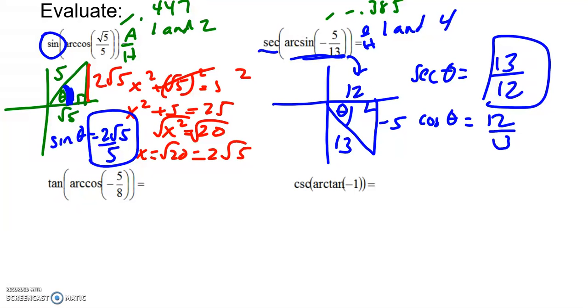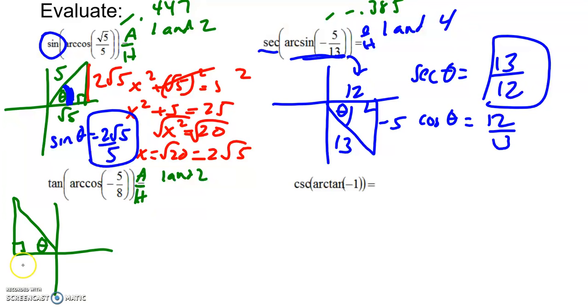Okay, let's tackle this third one. So we have arc cosine of negative 5/8. Arc cosine is restricted to quadrants 1 and 2. Because the ratio is negative, I'm guessing my triangle will be drawn in the second quadrant with my reference angle right here. Cosine is adjacent over hypotenuse, so this would be negative 5 over 8.